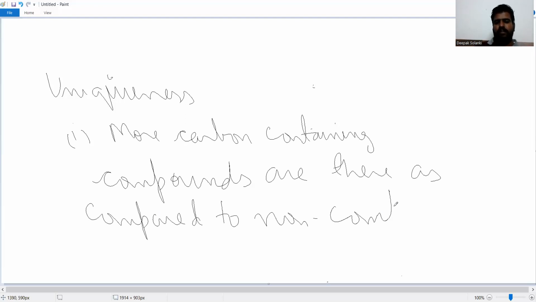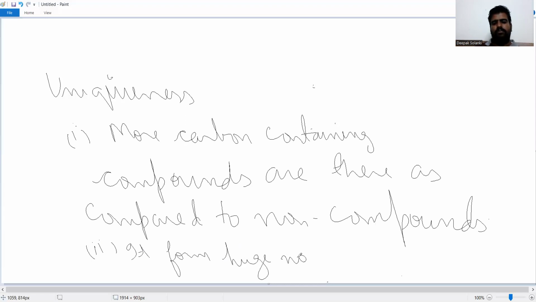Non-carbon compounds are less, but carbon compounds are more. Clear? Second one, carbon forms a huge number of compounds. Carbon is an element that forms a huge number of compounds. So it is unique. Okay.